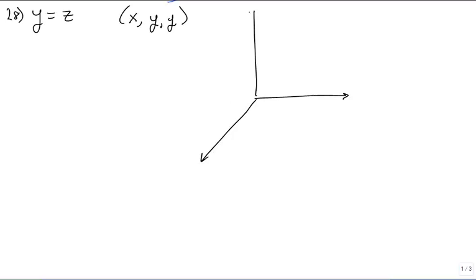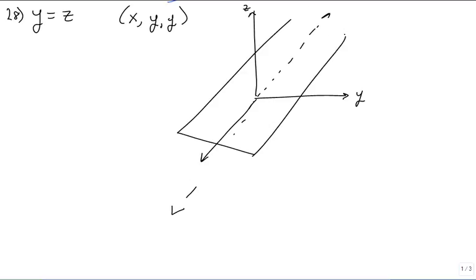28. Y equals Z, so we get all the points looking like that. So we have x can be anything. This is the y axis, this is the z axis. Y equals z would be on the diagonal going through space like that. And it would be the plane kind of lying on that line.